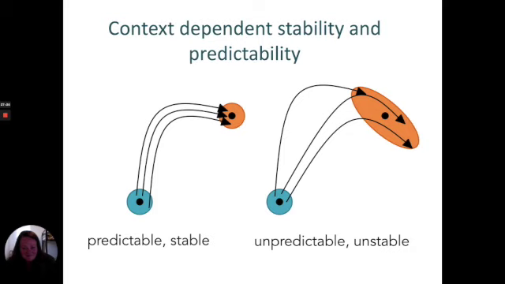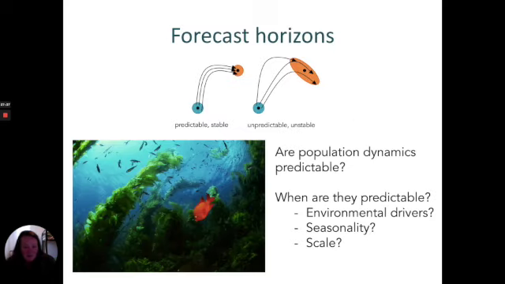And so why is this important? Well, there's a lot of calls for ecology to become a more predictive science. So how far out can we predict the dynamics of a system? Well, that's really going to depend on these kinds of dynamics. If you have chaotic systems, they're unpredictable, but so are systems where there's periods of chaos.